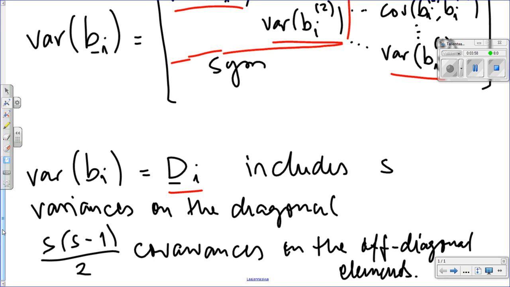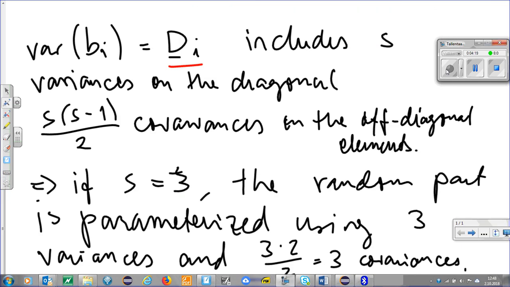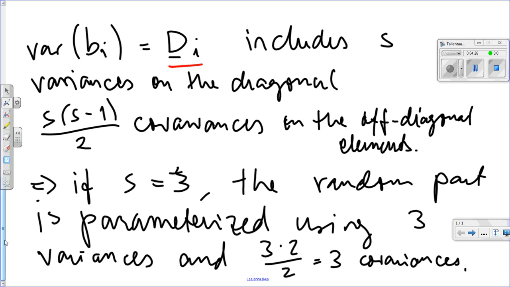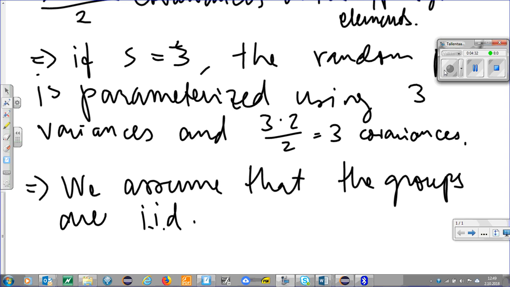We don't have any restrictions for these variances and covariances by default, so they all are separate parameters in the model. So if we have, for example, 3 random effects, then the random part is parameterized using a total of 3 variances and 3 covariances. And then we assume that the groups are independent and identically distributed.